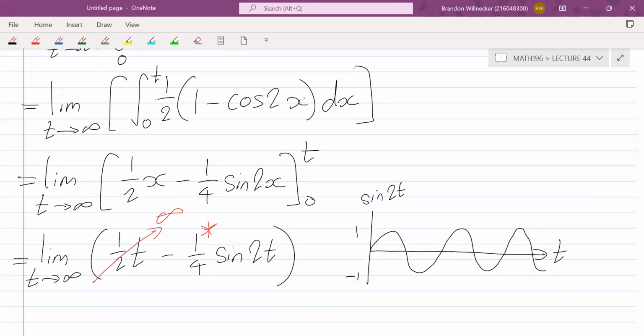In other words, as t goes on to infinity, it's still going to oscillate back and forth. It never settles on a value as t goes to infinity. So this function never settles on a constant value.